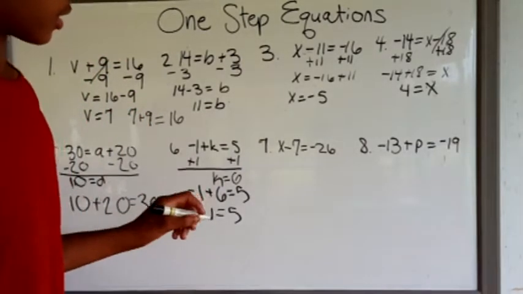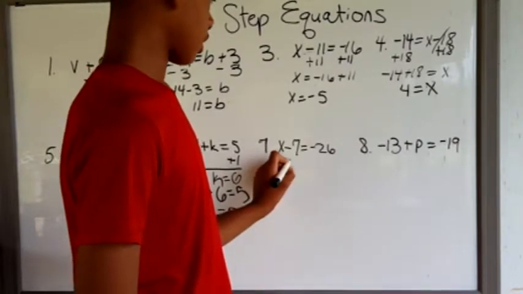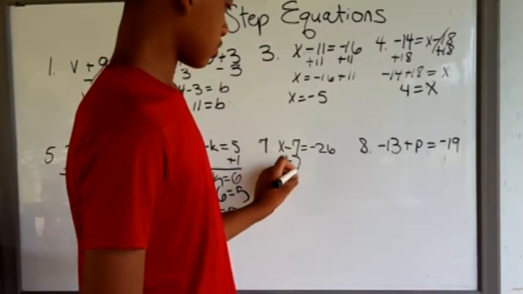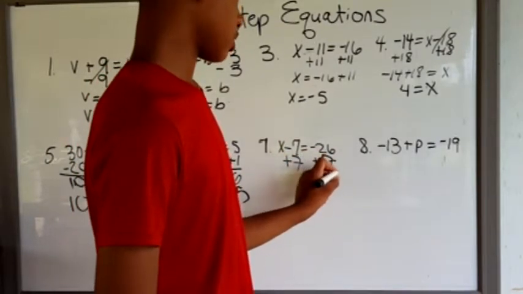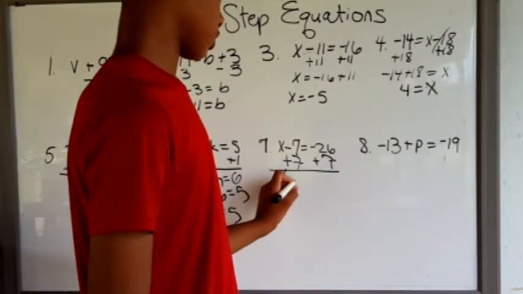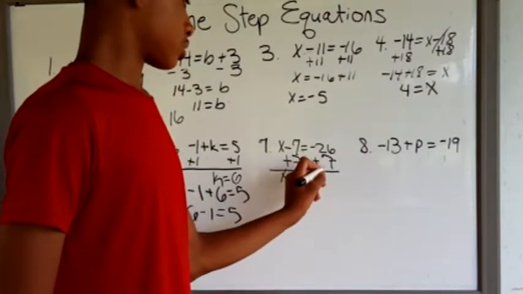Alright, x minus 7 equals negative 26. So you go ahead and do the opposite, which is positive 7 to both sides. Adding 7 to both sides. So the equation would be negative 26 plus 7.